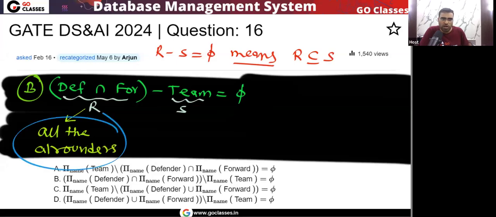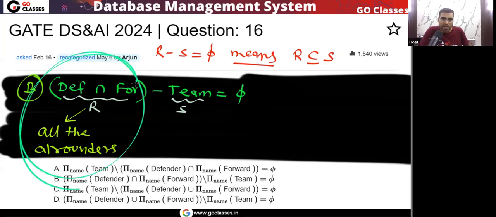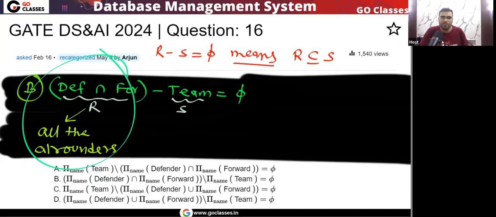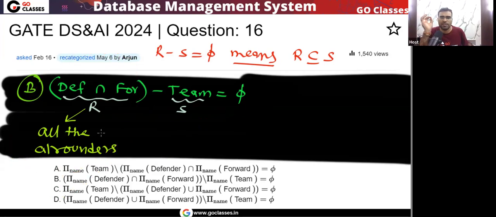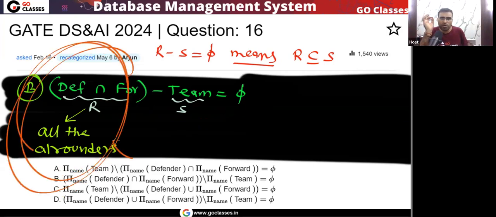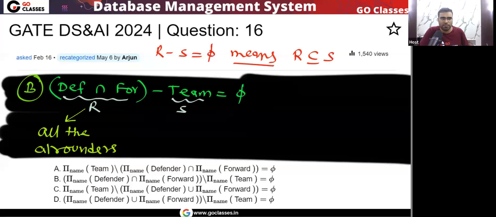From all the all-rounders, you remove the team, you are getting phi, means every element of R is in team, means every all-rounder is in team. So option B is checking that every all-rounder is selected in team, every all-rounder of the country. Is this clear?